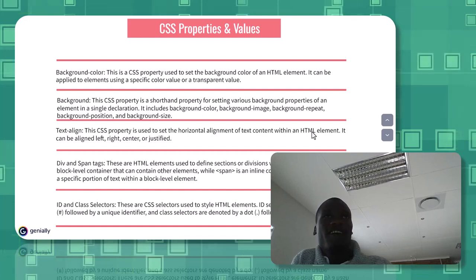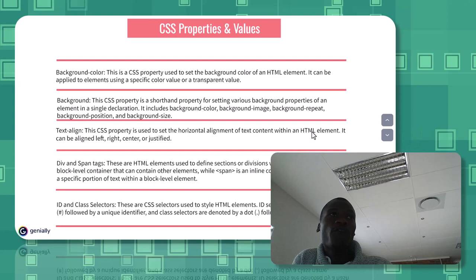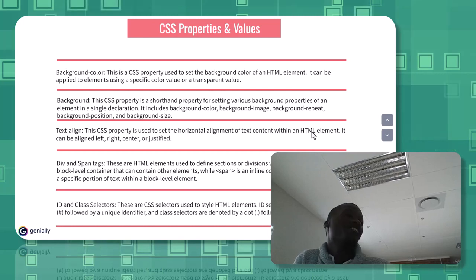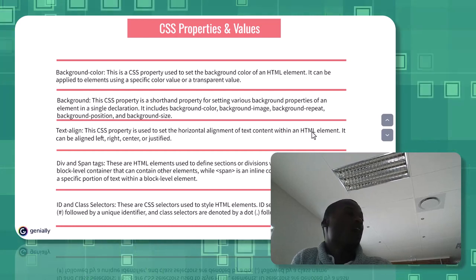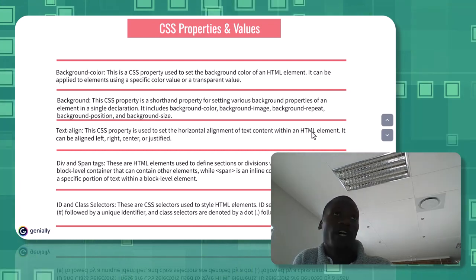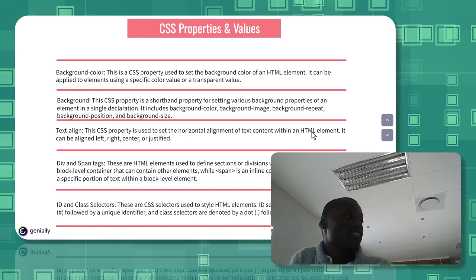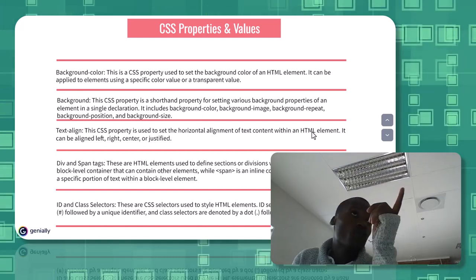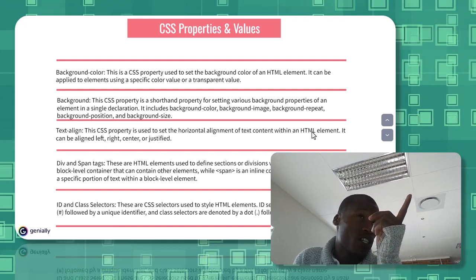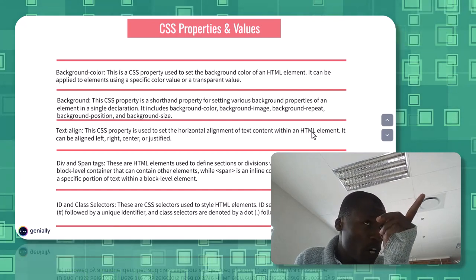So remember when we spoke about margin being the shorthand for margin bottom, margin top, margin left, margin right. There are a lot of CSS properties that are shorthand. The first property we covered was background color. Now we are speaking about background, which is just the property background.